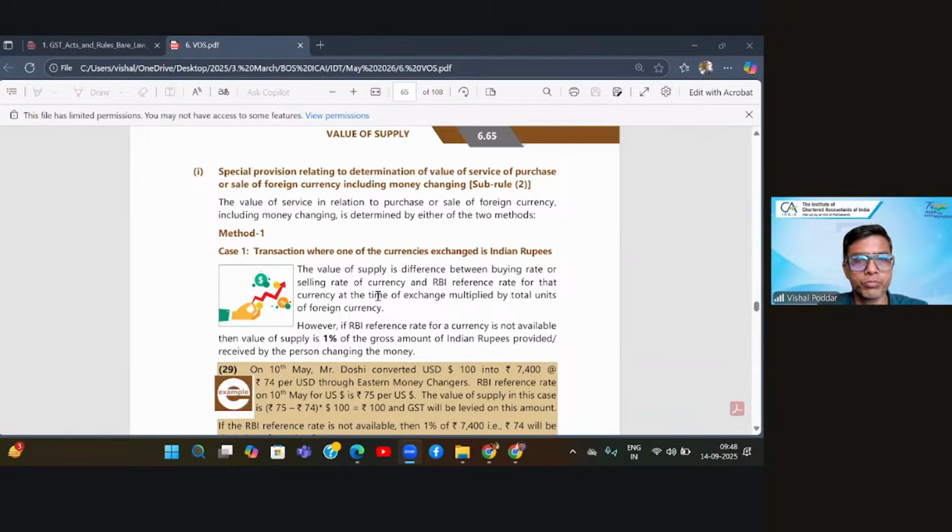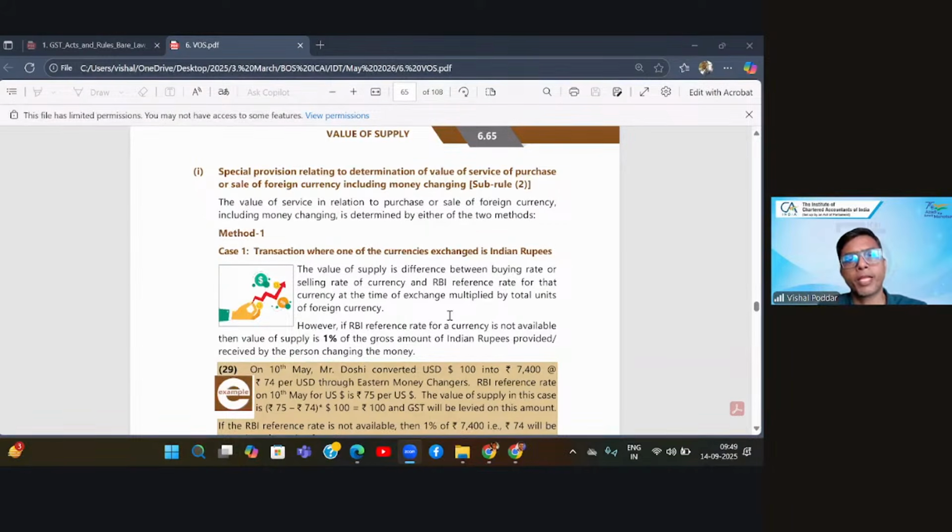Method 1. Case number 1: transaction where one of the currencies exchanged is Indian rupees. The value of supply will be the difference between the buying rate or selling rate of currency and the RBI reference rate for that currency at the time of exchange, multiplied by the total units of the foreign currency.